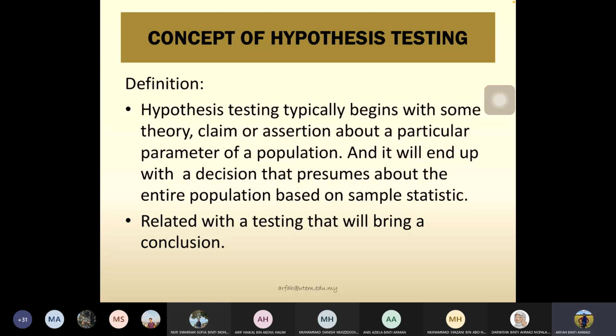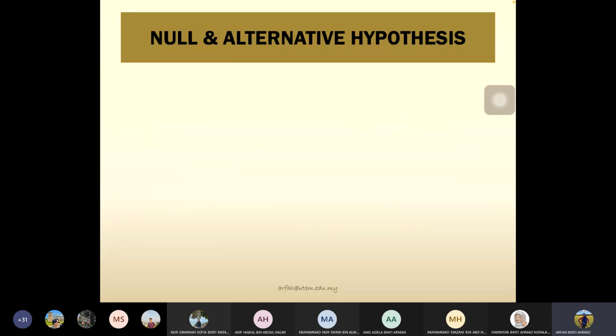So hypothesis testing is related to a testing that will bring a conclusion. Okay. So ada andaian dan daripada andaian tu kita akan buat testing and we want to see what are the conclusion. Sama ada andaian itu disupport or not. Itu adalah the idea of hypothesis testing. Okay. So we have the null hypothesis and also the alternative hypothesis.